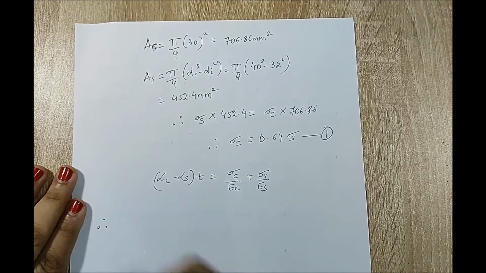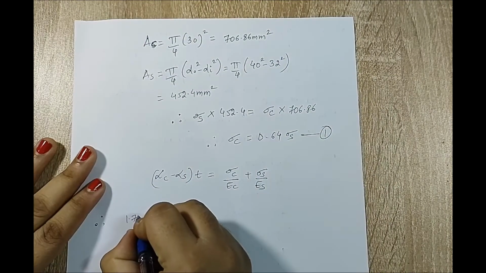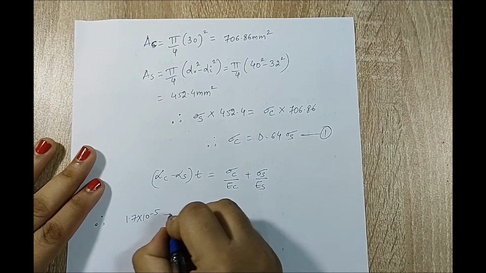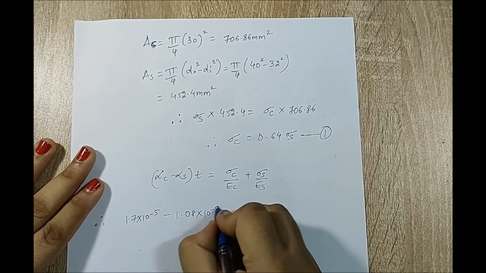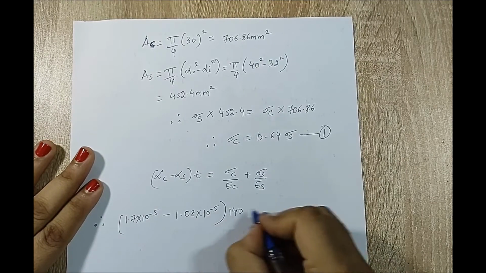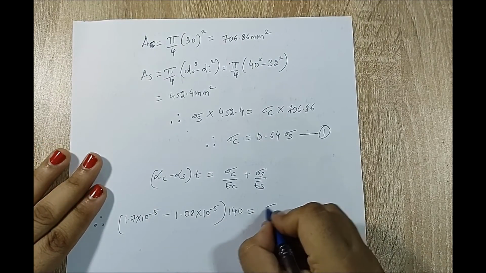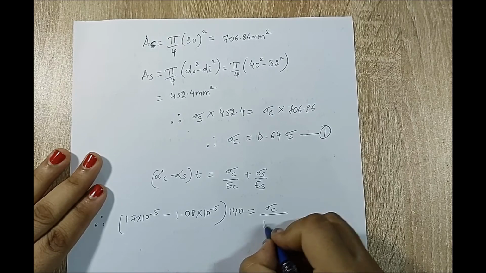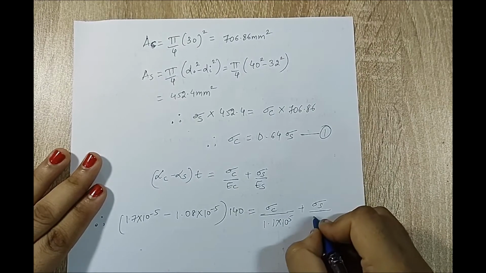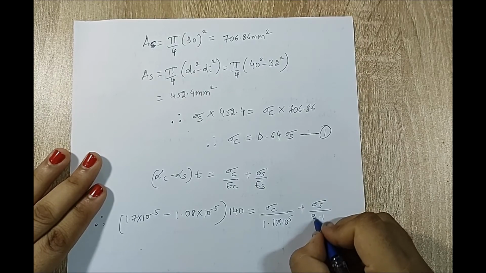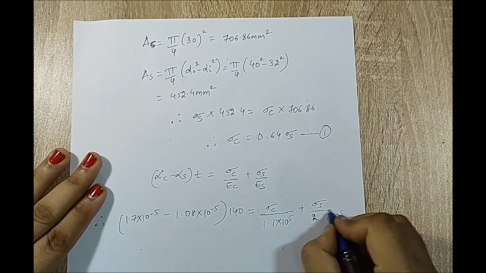So here I know the values. Alpha C is 1.7 into 10 raised to minus 5, and the value of alpha S is 1.08 into 10 raised to minus 5. I'll have to multiply with 140, is equal to sigma C, which is not known, upon EC, which is 1.1 into 10 raised to 5, plus sigma S upon 2.1 into 10 raised to 5.